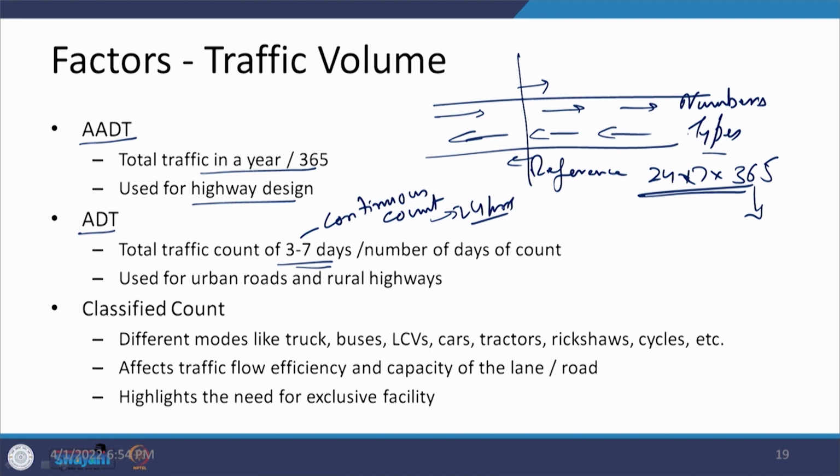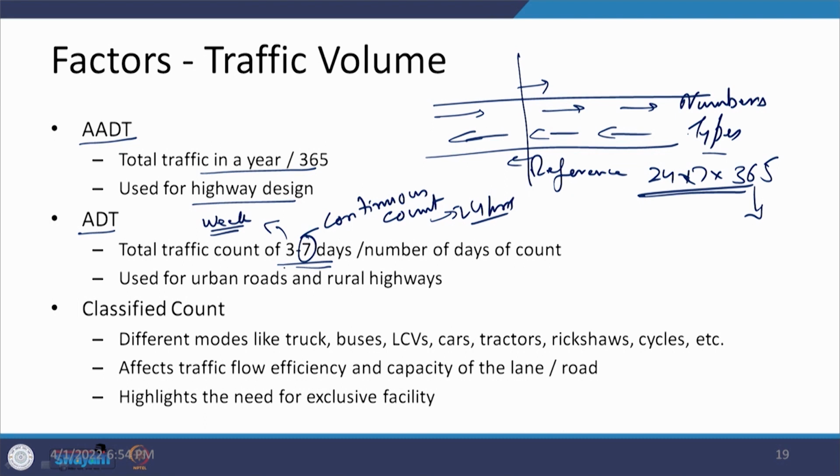The most optimal one is 7 days, but if it is not possible, then we go for 3 days, and these 3 days we try to do within the week, so that there is no impact of the weekend on the traffic. So, that is how we are going to identify the days to count the traffic on that particular stretch.